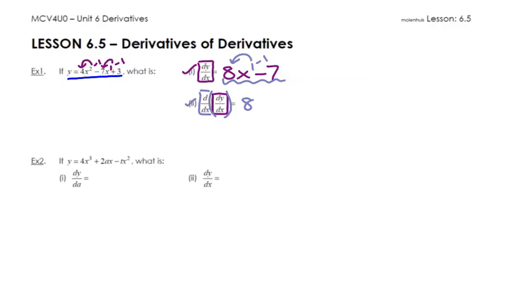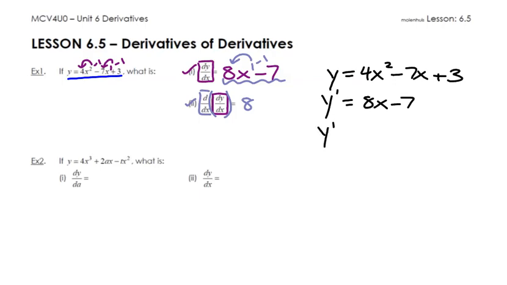What I found and you guys watched me find is that your original function was something like this. Your derivative, y prime, was the purple 8x minus 7. And then the second derivative, which I'm going to write as y double prime, that's how we say it, is going to be 8.